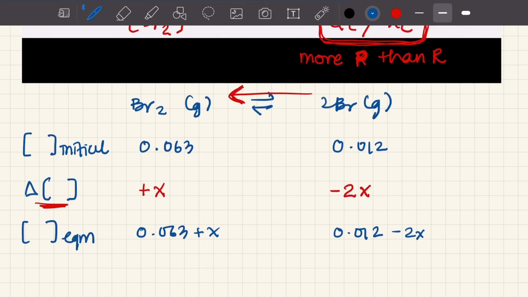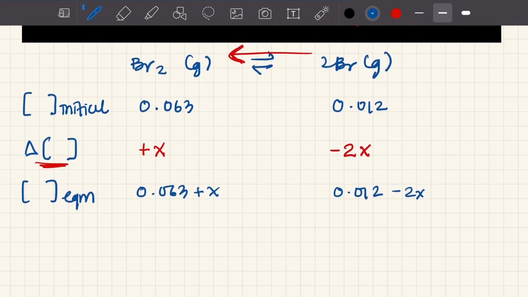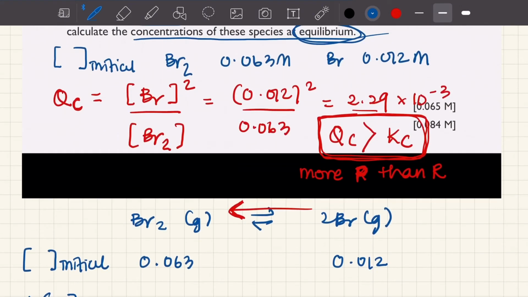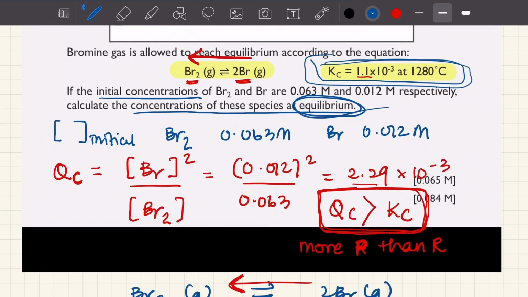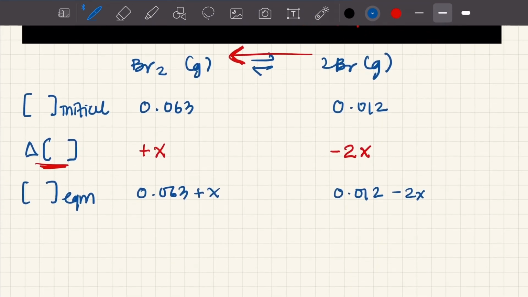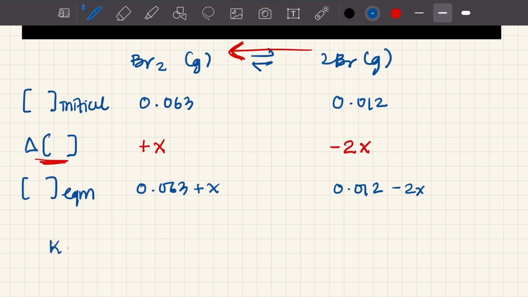Okay. So now that we have the concentration at equilibrium, we are going to use that. And we're going to use Kc here to compare, to find X, okay? So Kc equals to Br squared over Br2. Okay.